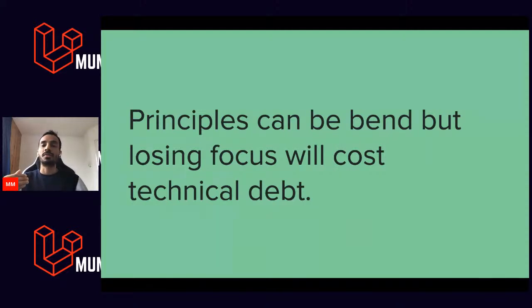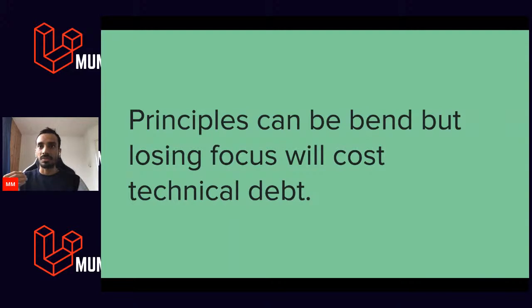But compromising on performance and business logic specifically will be a really big problem, because if we are in a situation where we think that it cannot be bent, then it will be a problem for us to identify it in the near future.